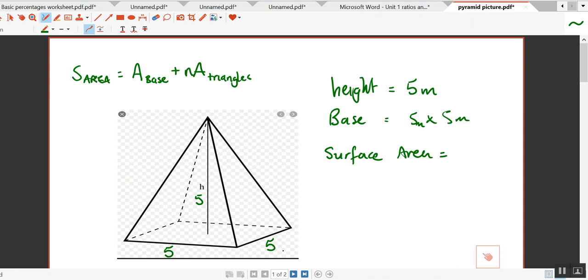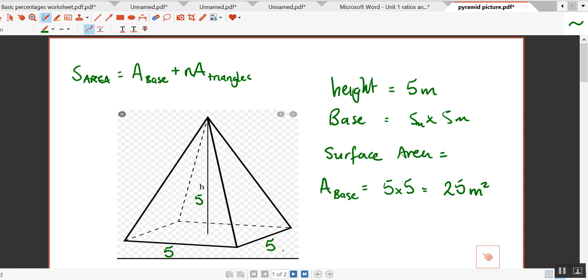So we've got n lots of that. That's the formula we're going to use. So in this case, area of the base is just 5 times 5, which equals 25 square meters.